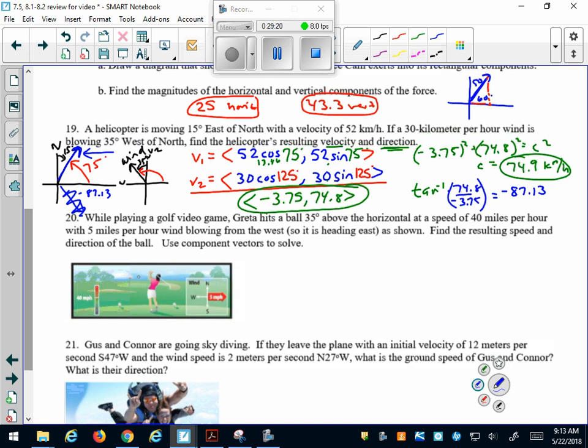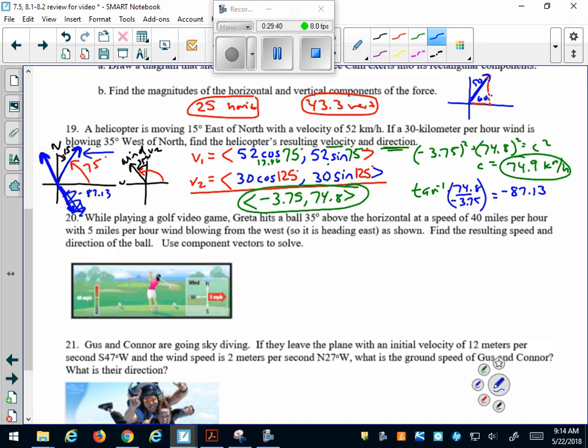So we have to get the equivalent direction angle in the correct quadrant. Okay, so figuring that this is 87.13 degrees, that's really close down here.